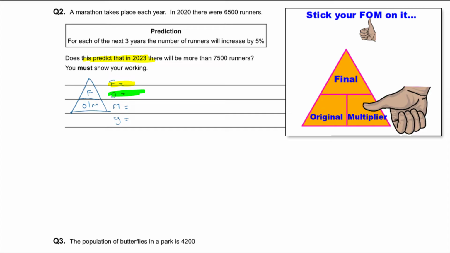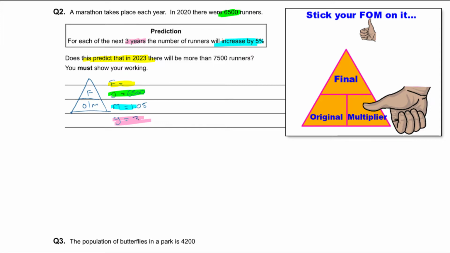The original is the 6,500 runners that we had to start with. The multiplier is going to be the 5% increase, which as a multiplier, 100% plus 5% is 105%, and that as a multiplier is 1.05. And the number of years in this case is going to be 3.